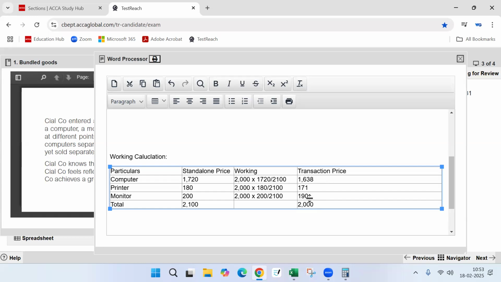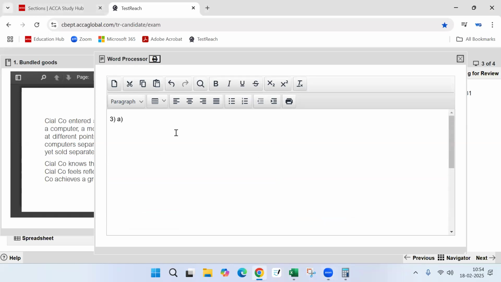Just check if there is a decimal. Then we'll put it as a decimal, otherwise it will not round off. Shall we put it as 191? Yes, 191, 171, 1638. Perfect.